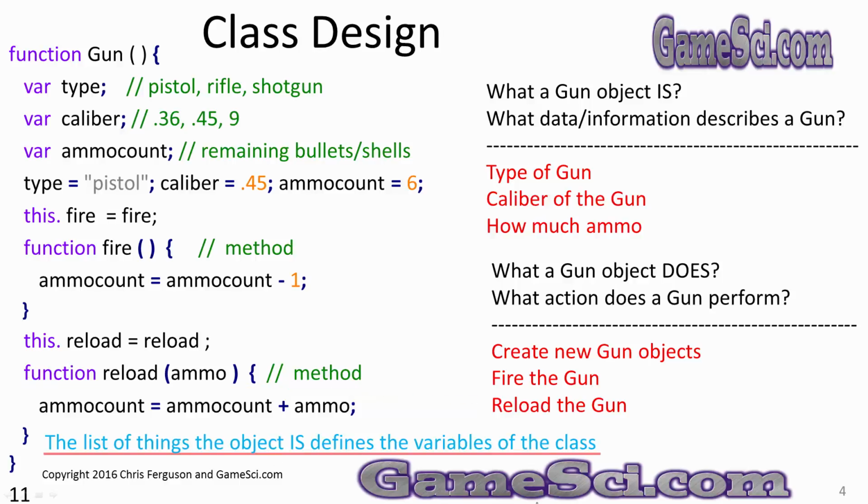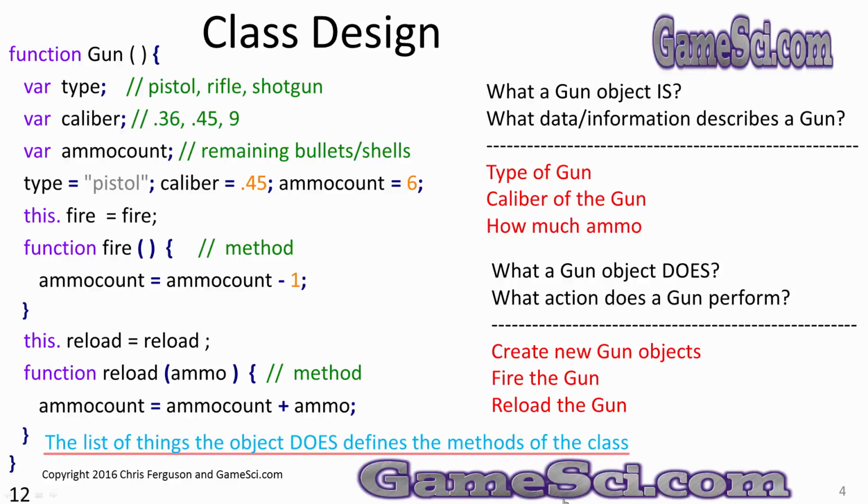The list of things the object is defines the variables of the class. Go back to my var temp variable. That doesn't describe a gun. We need the information that describes what a gun object is declared at the top of the gun class. The list of things that the object does defines the methods you want to write. What does a gun object do?